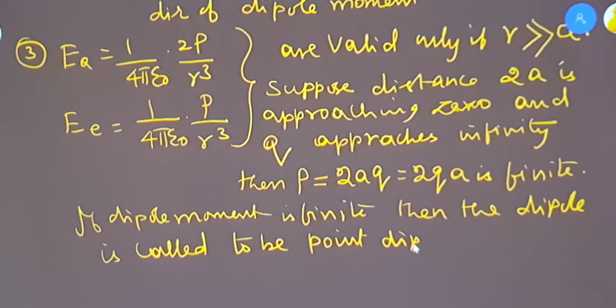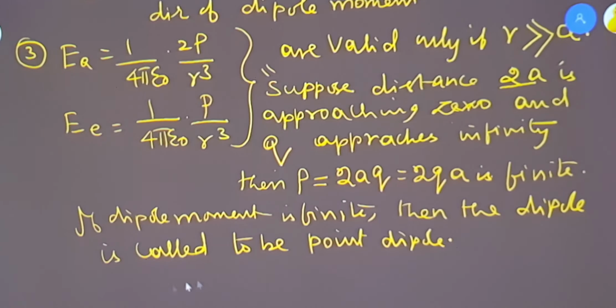Do you know what is meant by a point dipole? The distance 2a approaches 0 and the charge approaches infinity, and the value of p will be finite. That is, if the dipole moment is finite, the dipole is called a point dipole.